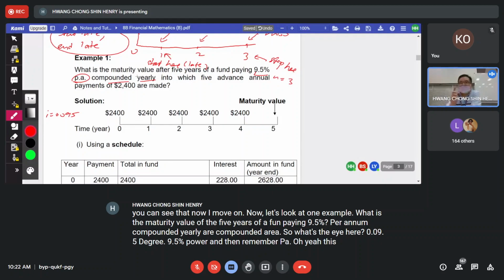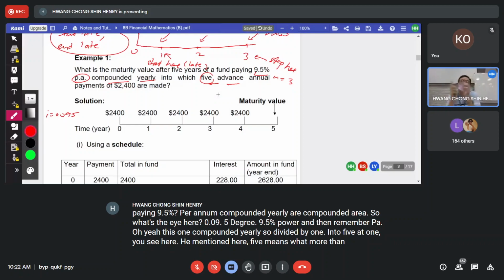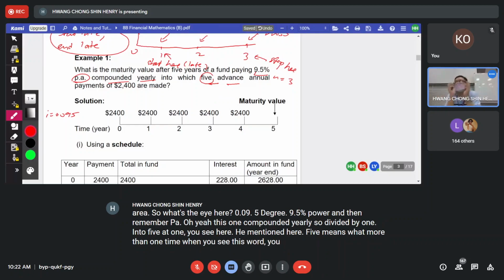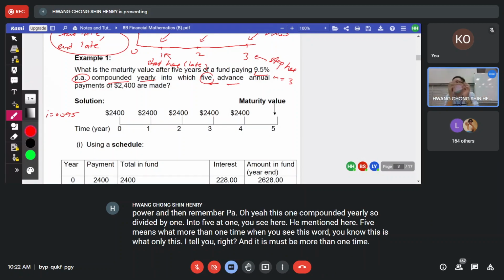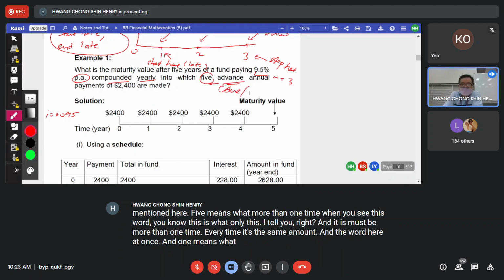This one is compounded yearly, so divide by 1. Into 5 at 1. You mentioned here 5, which means more than 1 time. When you see this, you know this is annuities. I told you, right? Annuities must be more than 1 time, every time the same amount. And the words here, at once, at one means due or early.